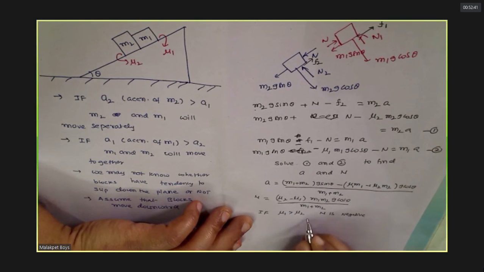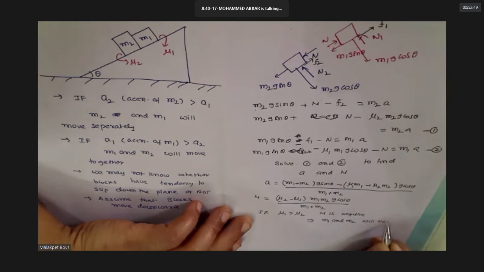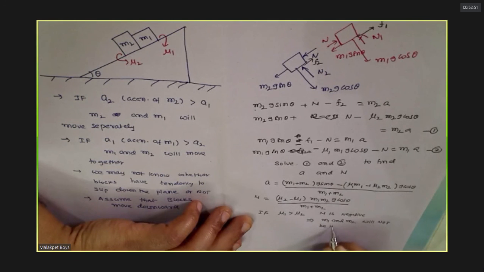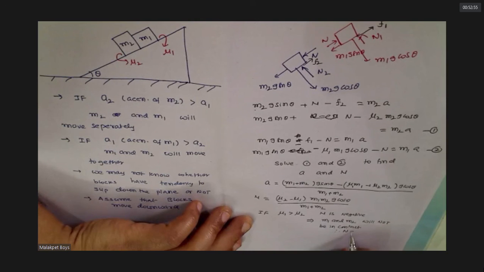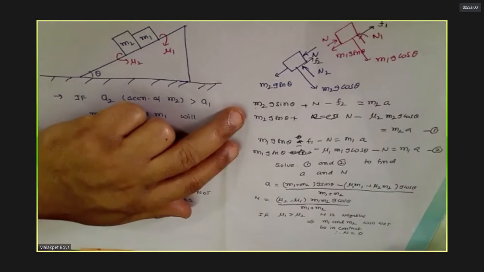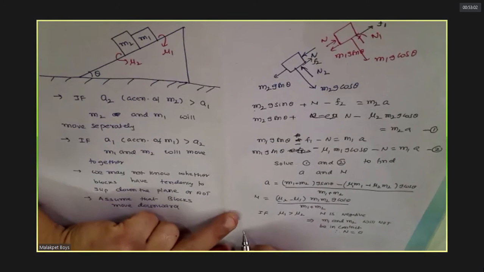Negative normal reaction means what? M1 and M2 are separate. They will move separately and will not be in contact now. Therefore, N will be 0 now.